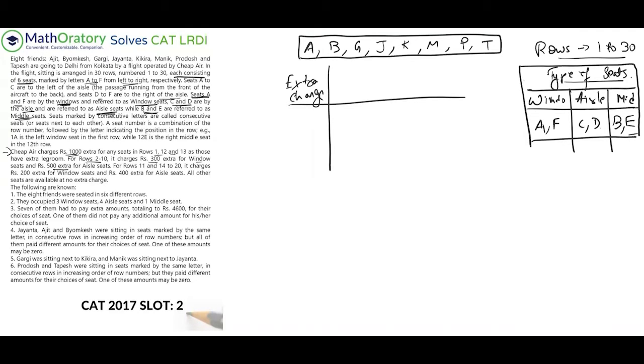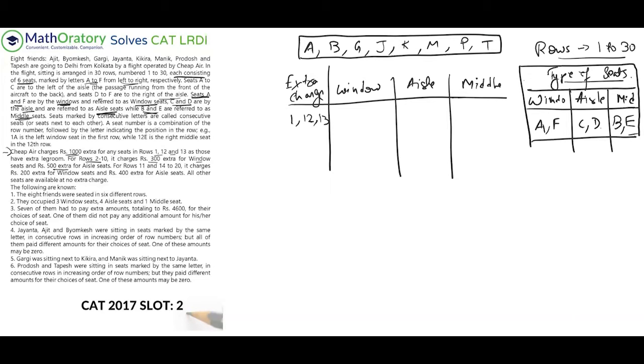So we have 3 types of seats. I'm writing these 3: window, aisle, and middle ones. So for rows, these are the row numbers that I'm going to put in. So row numbers 1, 12, and 13.